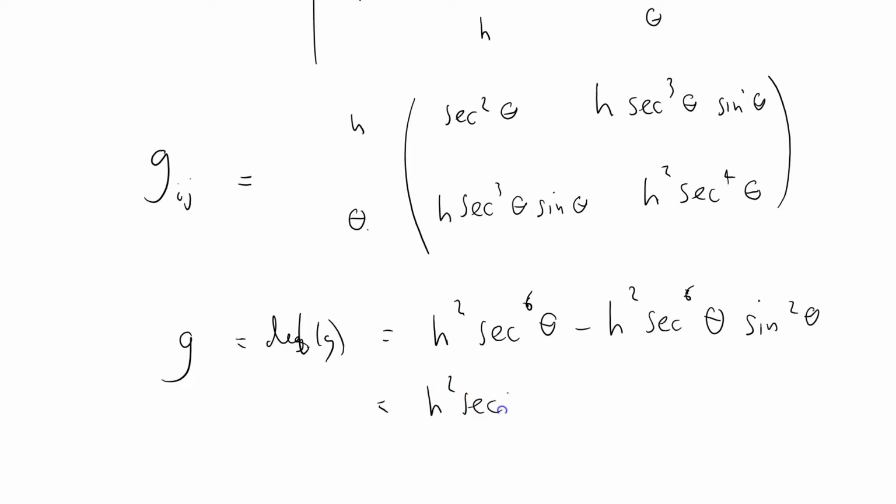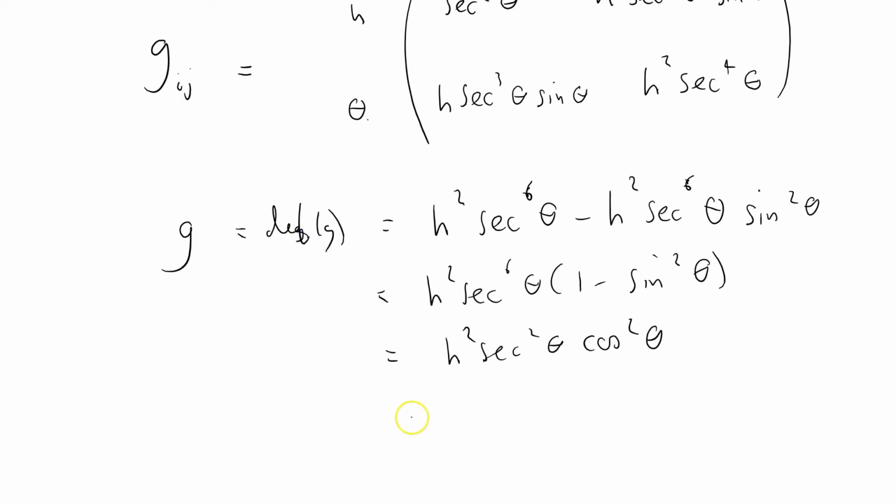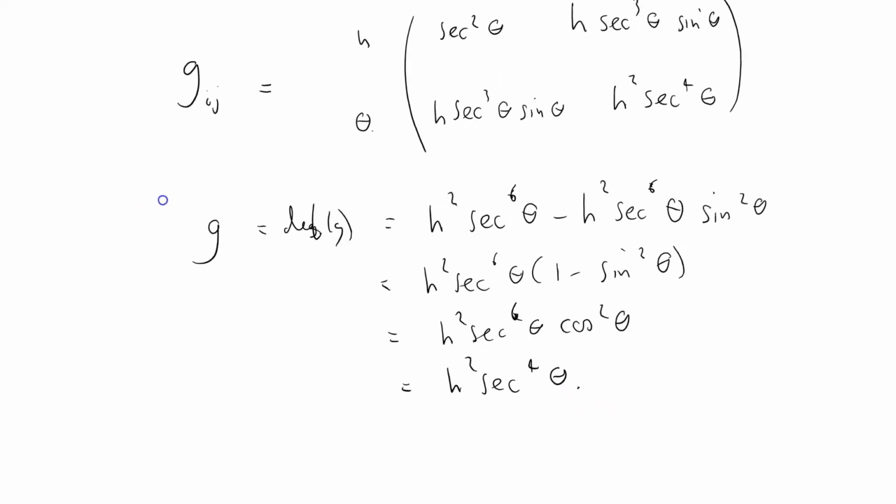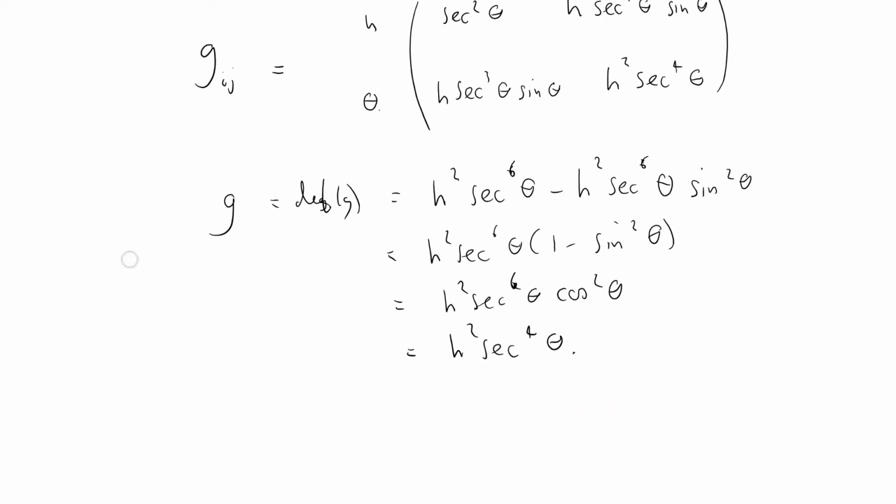H squared sec to the 6th theta, 1 minus sine squared, h squared sec squared theta cos squared theta, I'm sorry, that equals h squared sec to the 4 theta. So there's the determinant of the metric tensor.